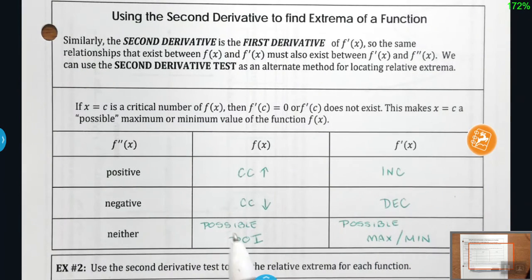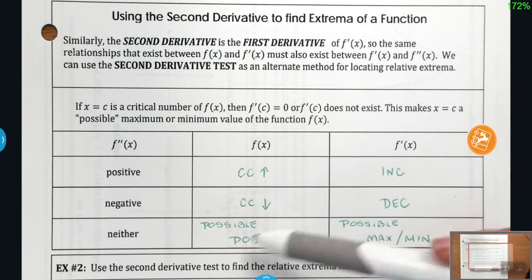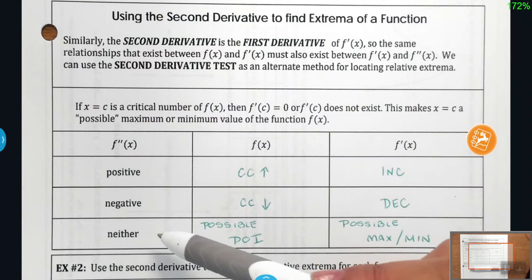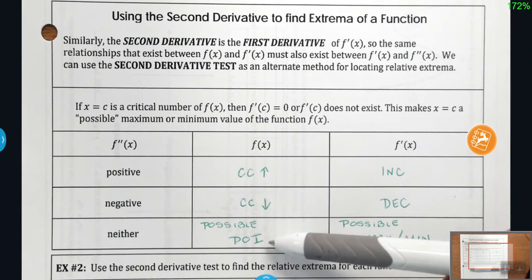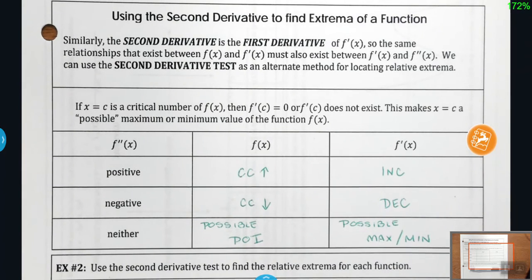But it's only possible if the second derivative goes from negative to positive or positive to negative, right? If it doesn't change signs, then it won't be a point of inflection and it won't be a max or min. Is everybody good with that?